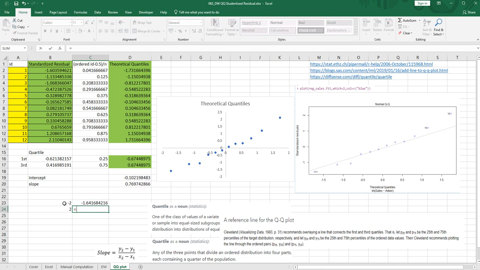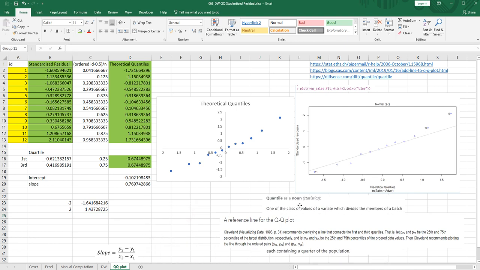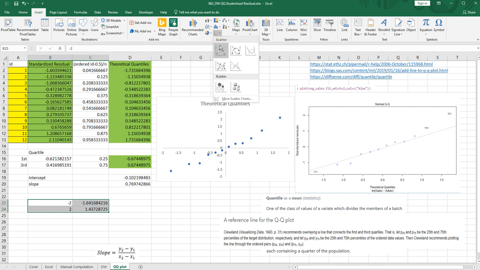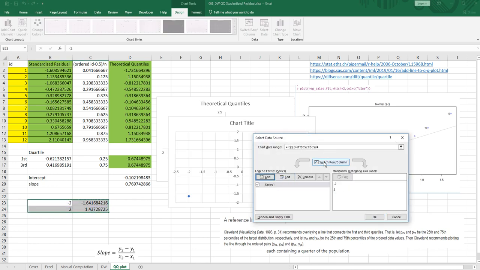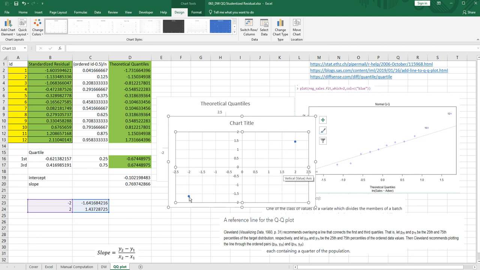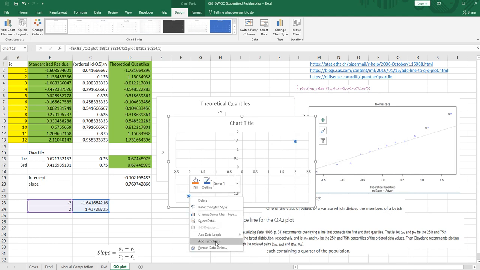And again, for 2, we can use intercept plus slope multiplied by 2, this one. Right. So in order to draw a line, let's firstly make a scatter plot here, and its x and y need to be changed. Okay. All right, and to draw a line, let's add a trend line here.